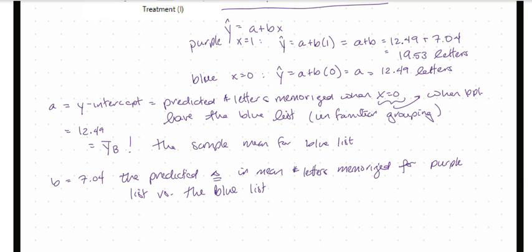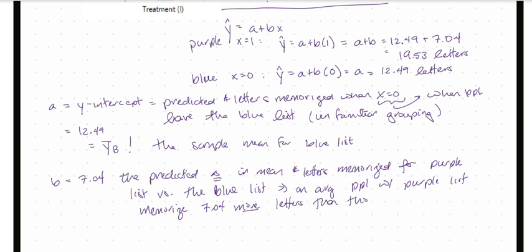So on average, people with the purple list memorize 7.04 more letters than those with the blue list.